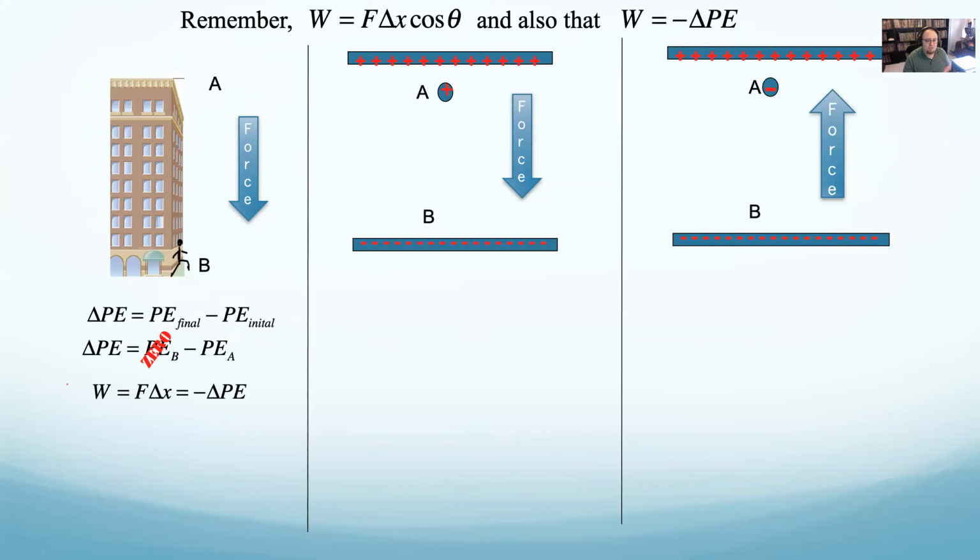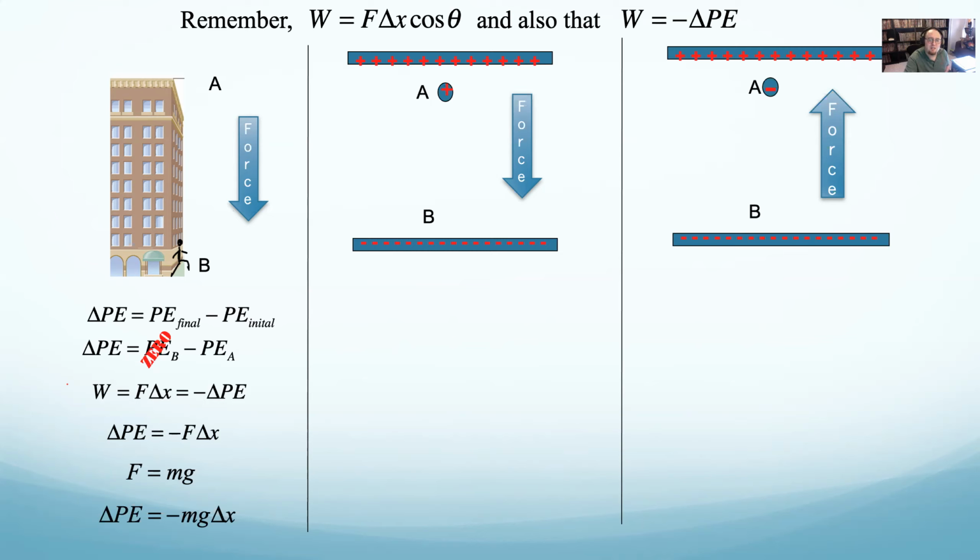That means my work, which is always force times displacement times cosine theta, but I'm ignoring the cosine theta because I'm doing everything in straight lines right now, is just the negative change in potential energy. So the change in potential energy is negative F delta X. Now the gravitational force, since it's mg, means the change in potential energy is negative mgx, which is something we had covered in physics 1.